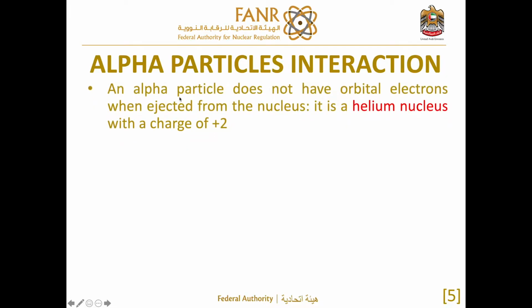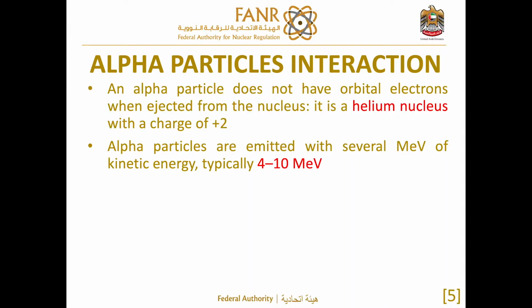Let's start this review by looking at the interaction of alpha particles with materials. So alpha particles, we know, are an aggregate made of 2 protons and 2 neutrons, and normally at the energies of radioactive decays they don't carry electrons.